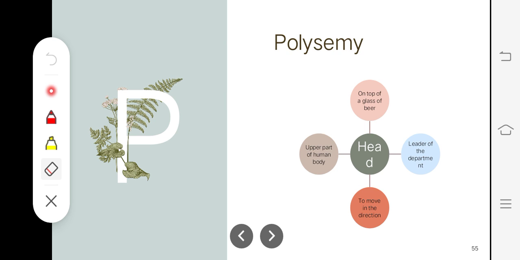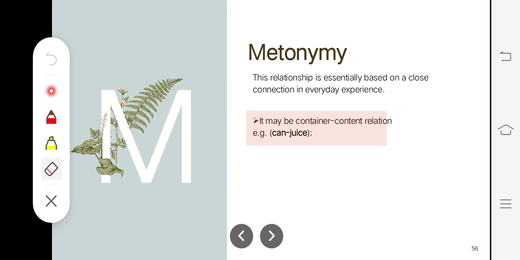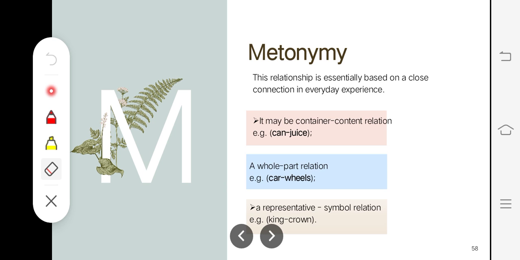For the next slide, it is metonymy. This relationship is essentially based on a close connection in everyday experience. Examples of this are the container-content relation, the can, juice; a whole-part relation, car, wheels; or a representative symbol relation, king, crown.